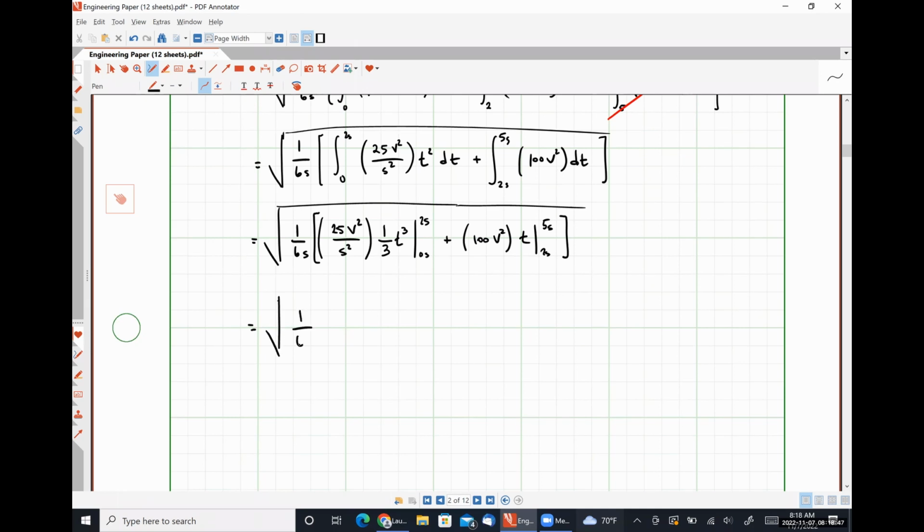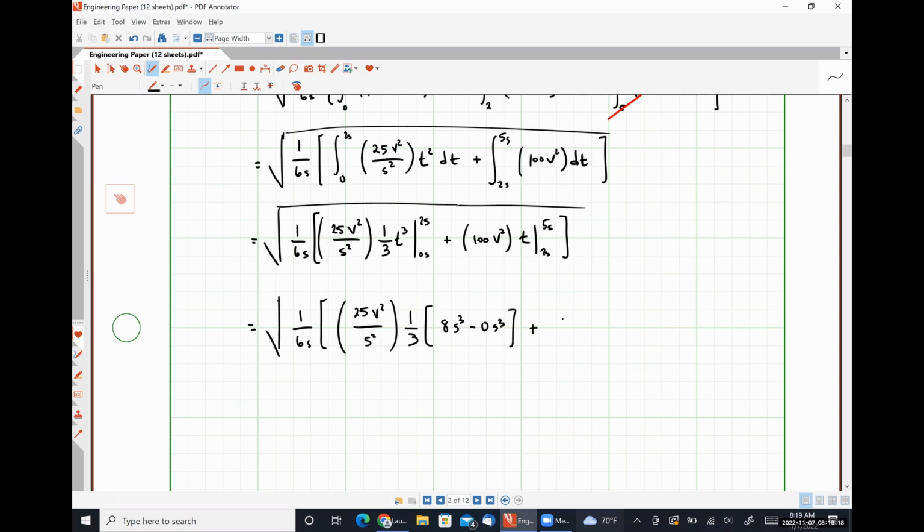So we're going to have 1/6 seconds times 25 volts squared per second squared times 1/3. 2 seconds cubed is going to be 8 seconds cubed minus 0 seconds cubed.